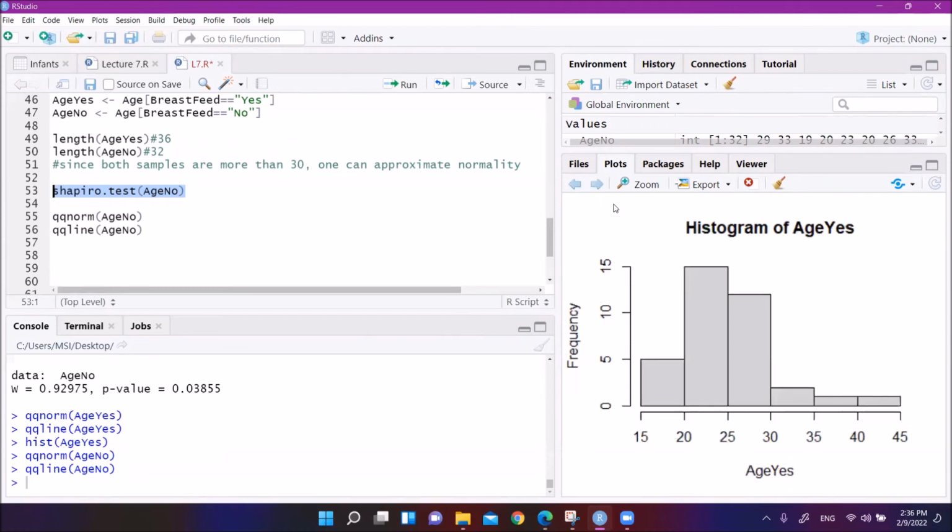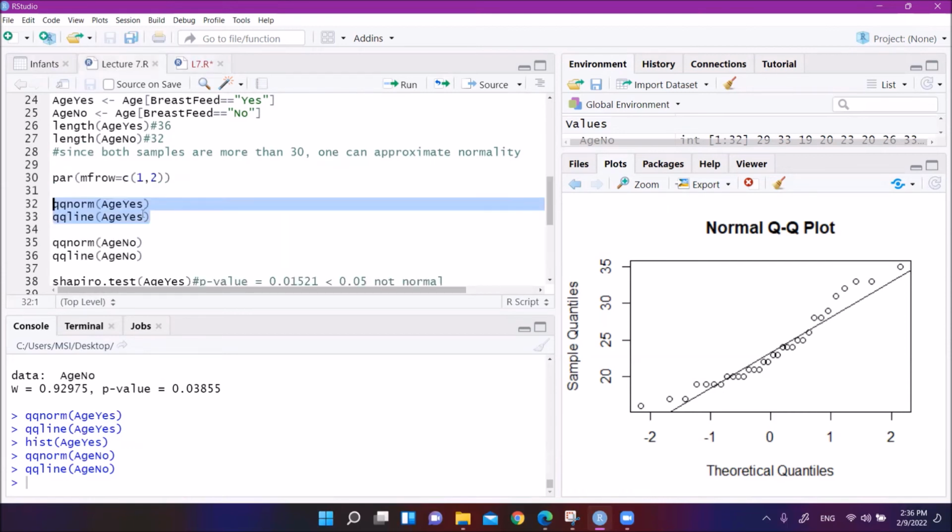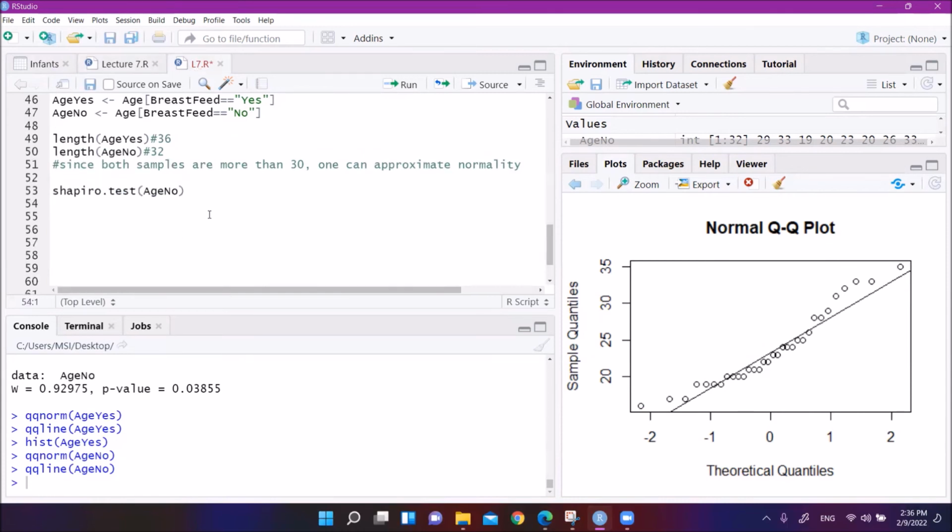If you want to do this in a report, and you don't want to have these plots for the two samples independently, if you want to have these plots in the same panel, there is a way of doing that. That is this line of code. Par means partition.